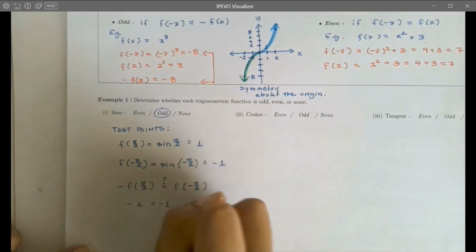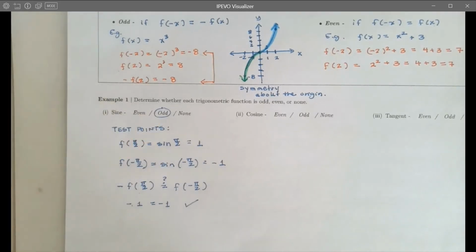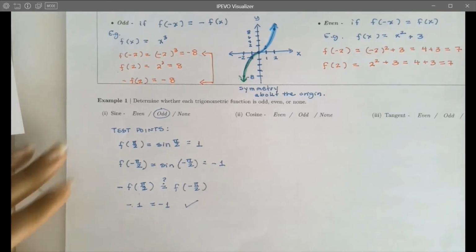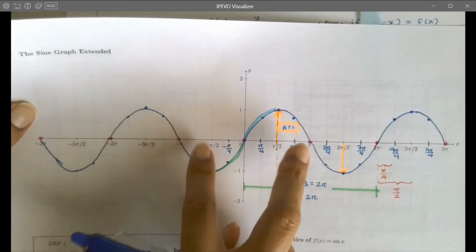That's a check. Even though we've only tested with one point, and that doesn't necessarily prove that it's odd in all cases, it does give us a good hint that it might be odd. And then we verify by looking again at the symmetry of the graph.